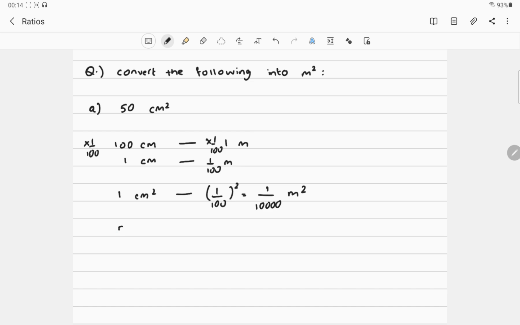Now to solve our question, 50 centimeters squared would mean multiplying both sides by 50, right? So 1 upon 10,000 times 50 is 1 upon 200 meters squared. I could write this in scientific notation, but I'll just leave it as that.